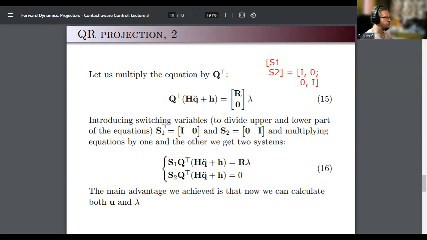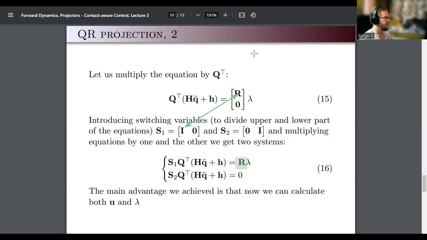All right. Now, if you multiply this equation by this switching variable, you get the switching variable on the left-hand side, and you get this equation here. The left-hand side is exactly the same, sorry, the right-hand side changes though. The right-hand side becomes like this. Why? Well, because when you multiply r with I, you get this r here, right?